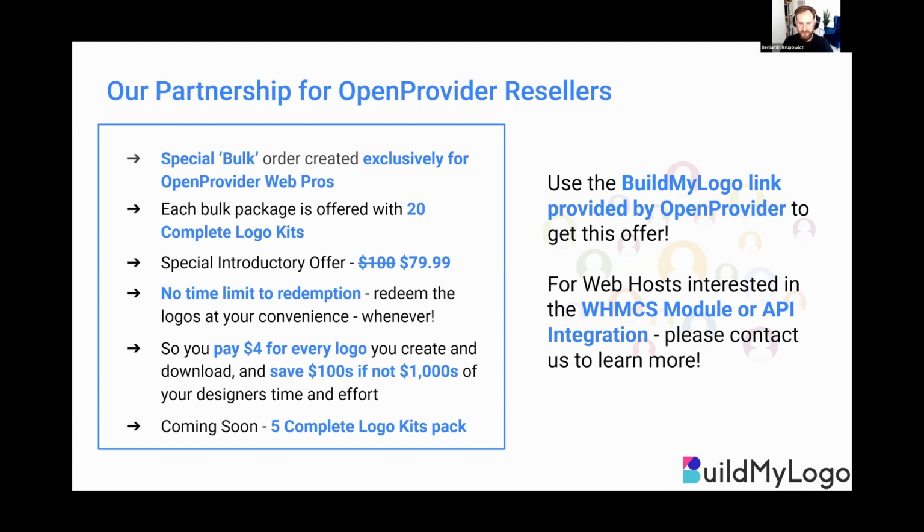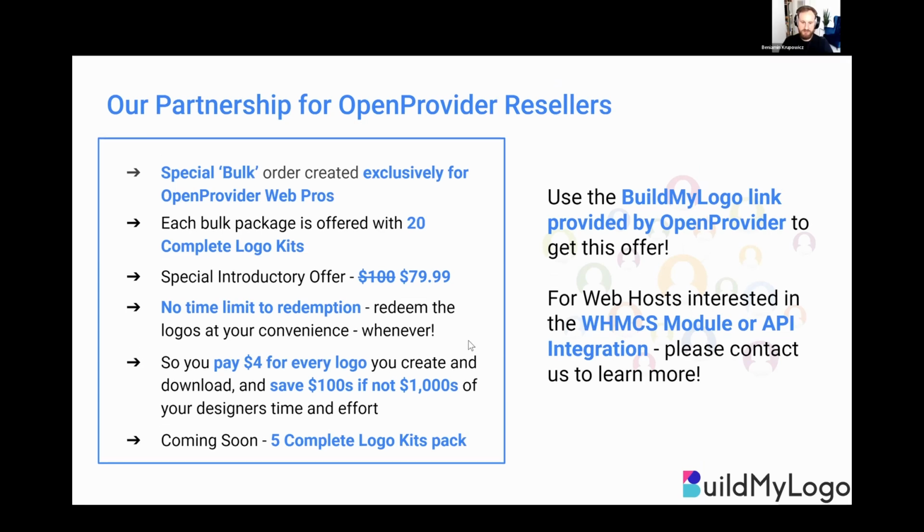So if you're already integrated with us, let's say for domains or other products, you'll be able to use the API to provision BuildMyLogo as well. If, however, you'd be interested right now to start reselling BuildMyLogo, just contact us directly.